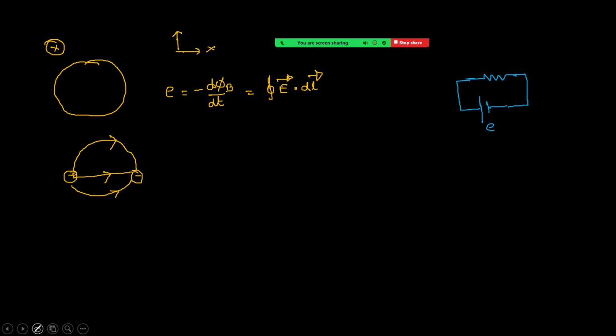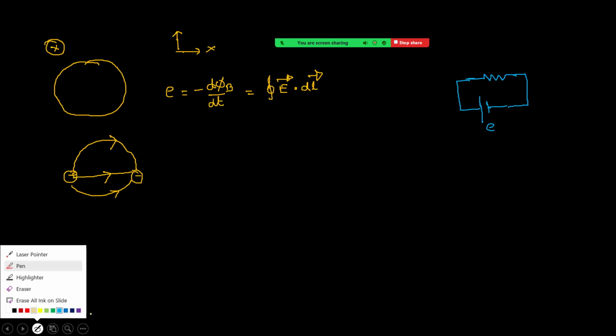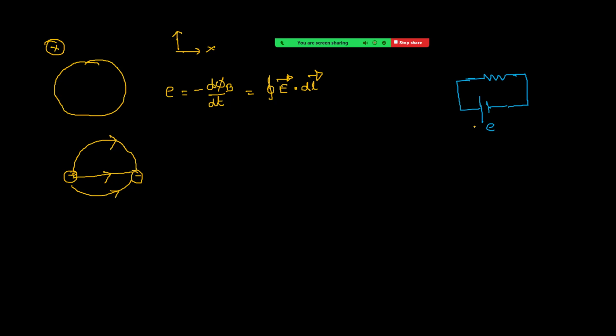And we know that a positive charge moves off its own from high potential to low potential. You can see here. Suppose I am taking here a positive charge in the wire. This positive charge moves off its own from high potential to low potential. You can see this is high potential and this is low potential.